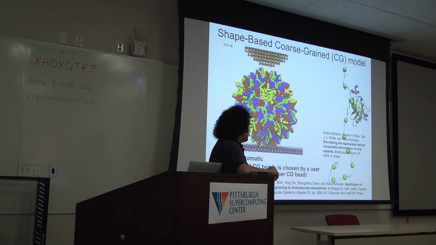This is really extreme because entire parts of the protein are actually mapped to a single bead, a single particle. So for instance, here you get a single bead for this part, a bead for this part, and so on. This is what we refer to as the shape-based coarse grain. It is also very powerful. There is a tutorial if you are interested. You can also follow it.